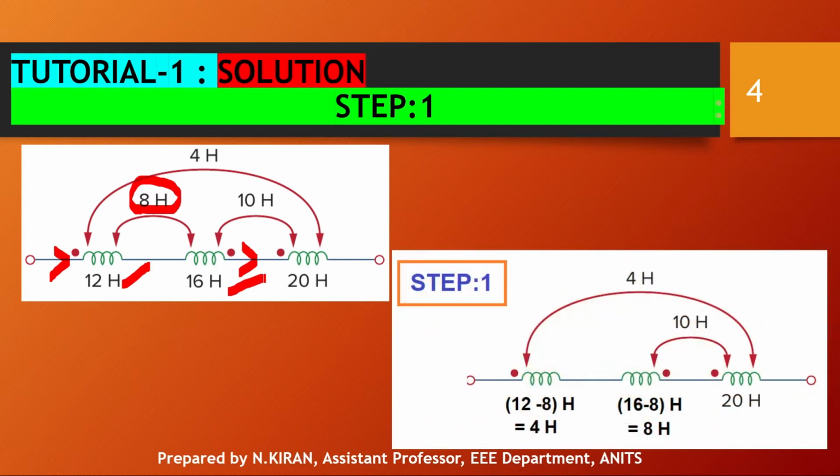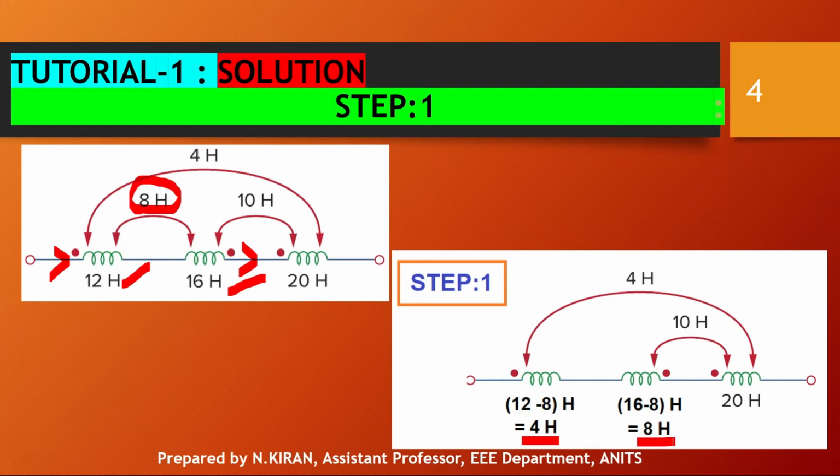Thereby I'll get 4 Henry in the first coil and 8 Henry in the second coil. So after I subtract the value, I'll eliminate the coupling that is given in the given sum.